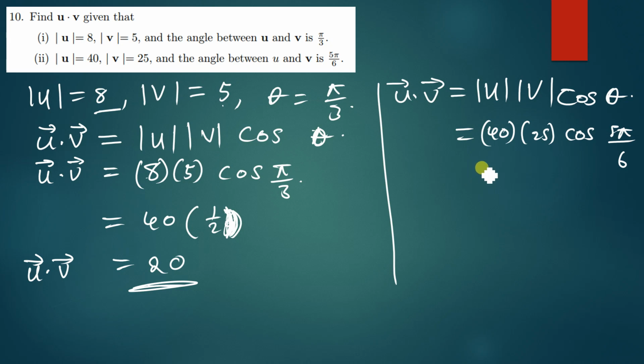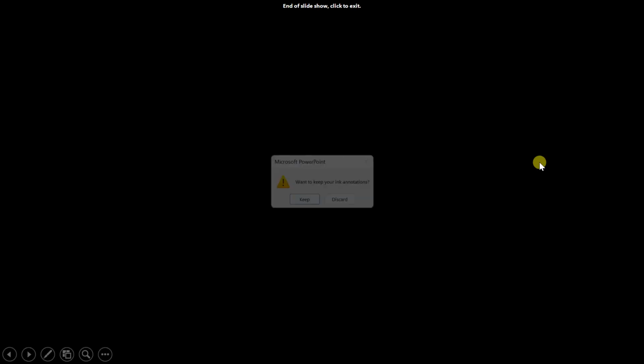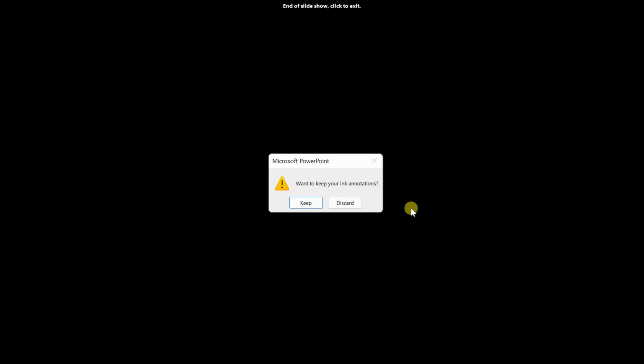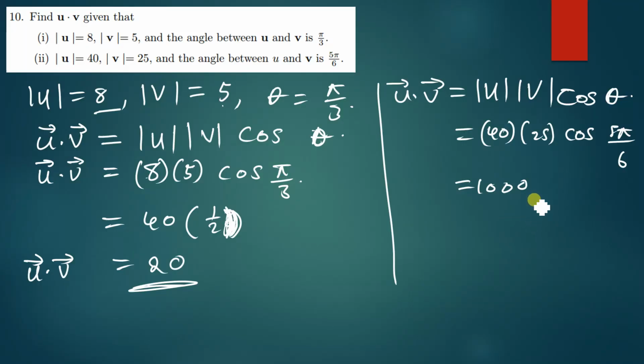Alright, so 40 times 25 will give you 1,000, and cos 5 pi over 6 is simply negative root 3 over 2.